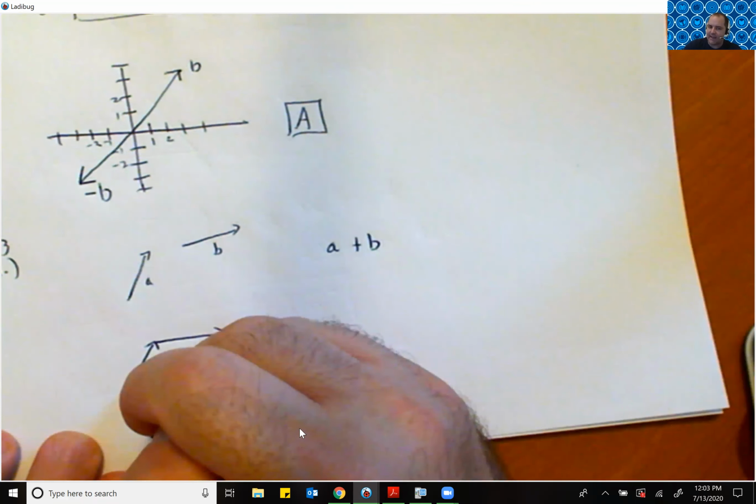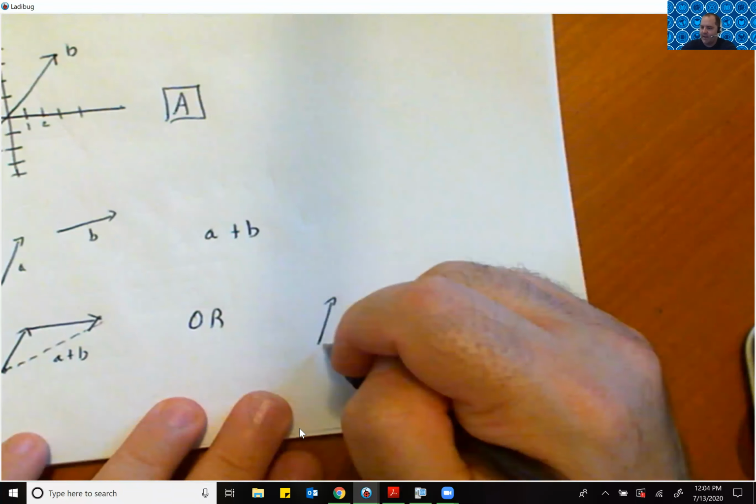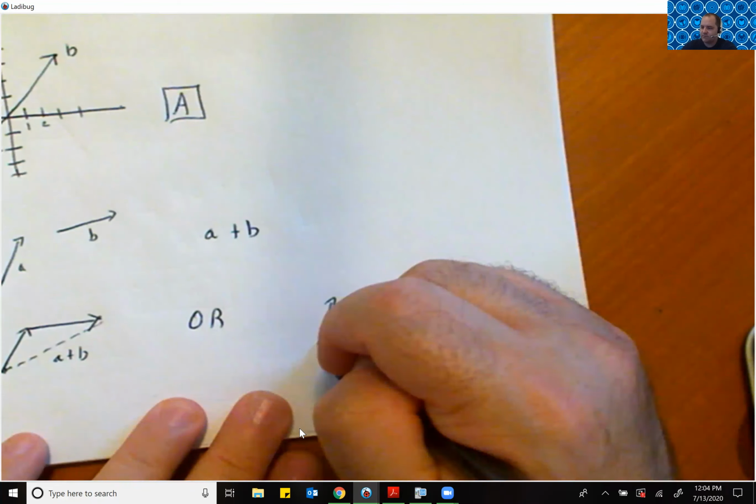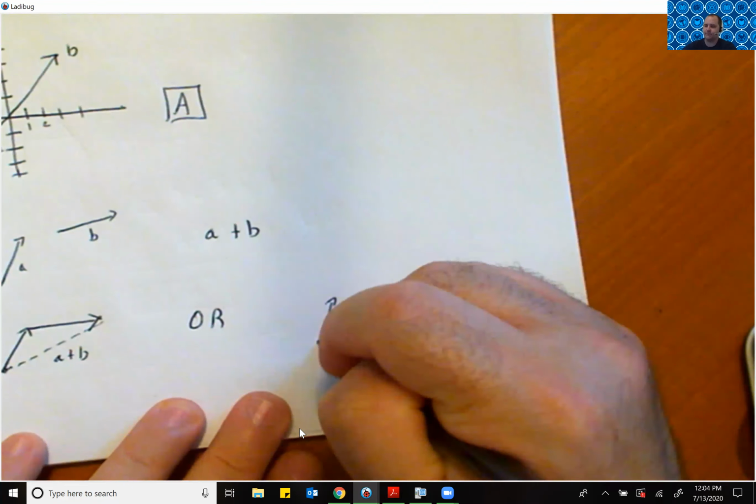So that's one way. Or they have what is called the parallelogram method for vectors. If both vectors have the same starting position, like this is vector A, this is vector B, imagine that we complete the parallelogram. This is kind of horrible on my part.